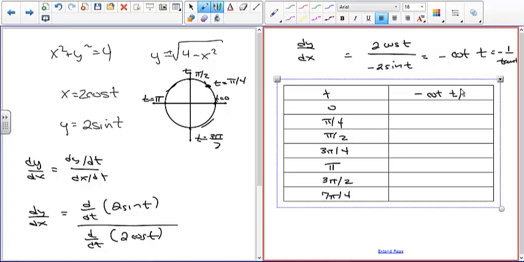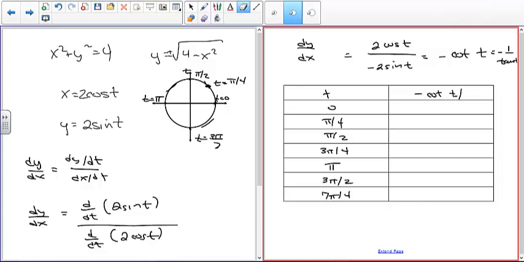So that's undefined. Because my calculator will do tangent but not cotangent, it's going to be negative 1 over the tangent of t. So here I get undefined. Okay, let's try the next one. So we'll put in pi divided by 4, and I get -1.